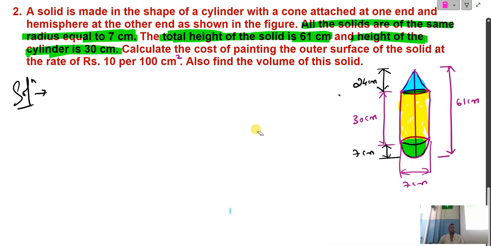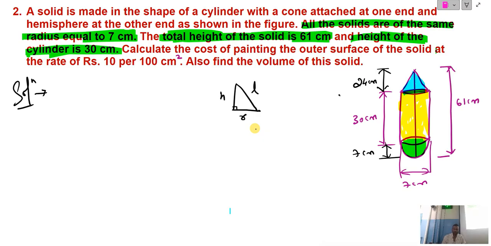Now, in the curved surface area of the cone, we want slant height. If you want slant height, can we draw one right angle? So this is our height, radius, and this is the slant height. To calculate slant height, what do we use? Root of r square plus h square.